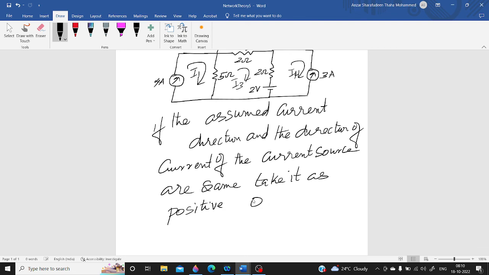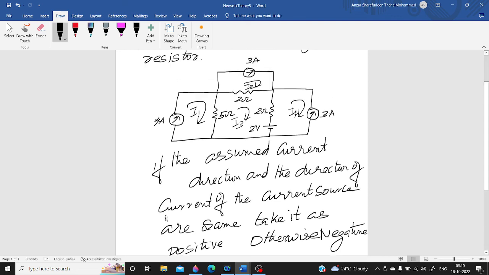Otherwise, negative. This is the only thing we have to keep in mind.